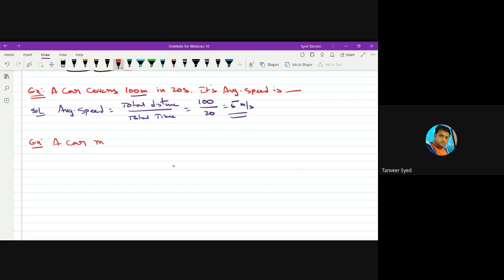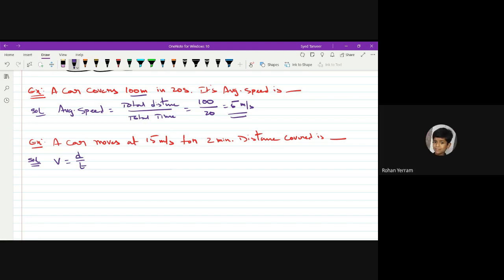A car moves at 15 meters per second for 2 minutes. Distance covered is? Sir, 180.